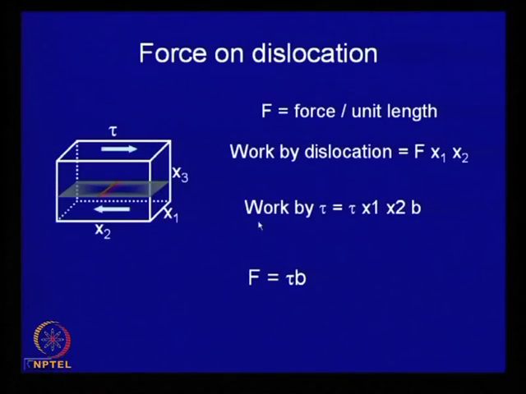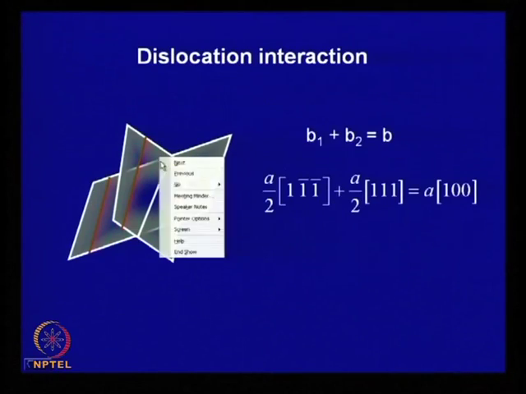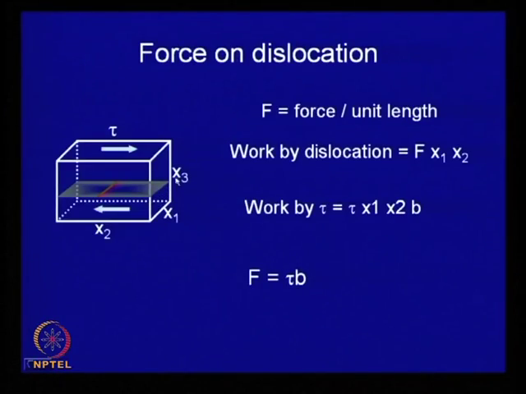And what is the work done by the applied shear stress? When you apply this shear stress, you move the upper part of the crystal over the slip plane by a distance b. So, you find out the area of the slip plane, which is x 1 times x 2.